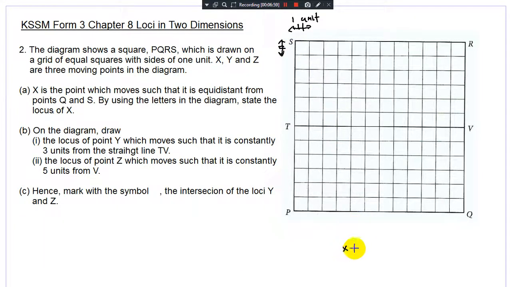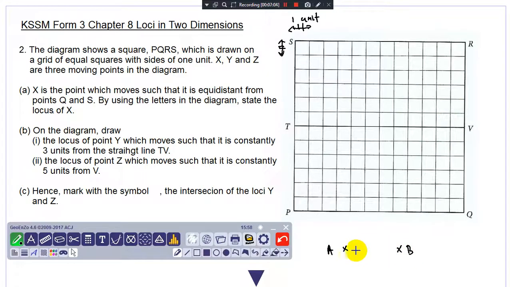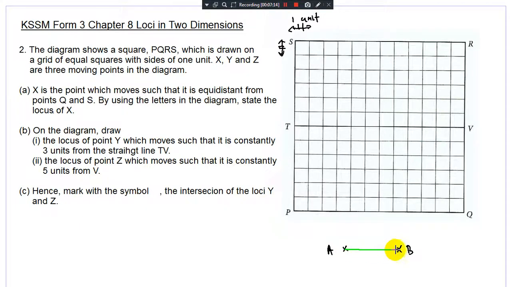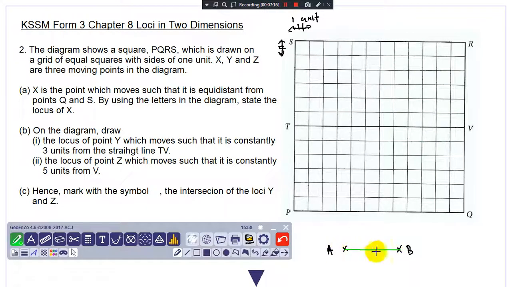If we have two fixed points here, A and B, equidistant from two fixed points means that you need to construct a perpendicular bisector. If we connect these 2 points together, this is not the locus.